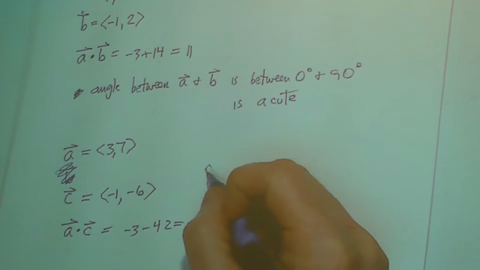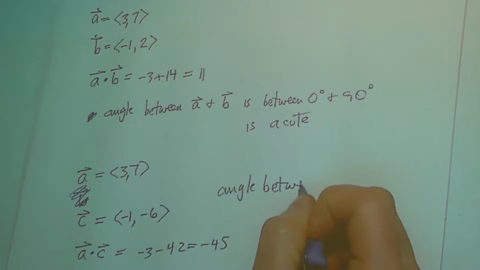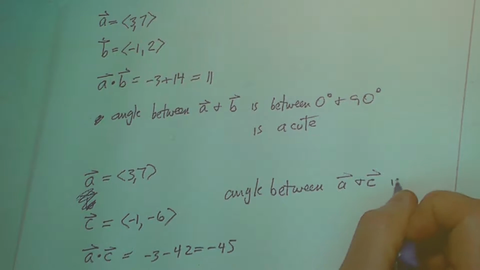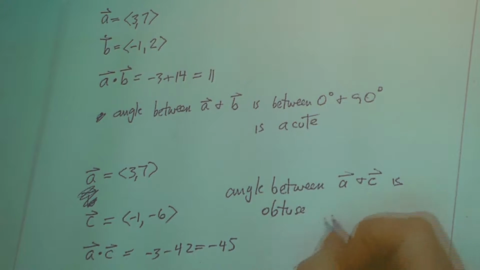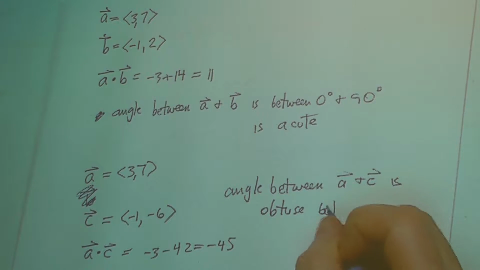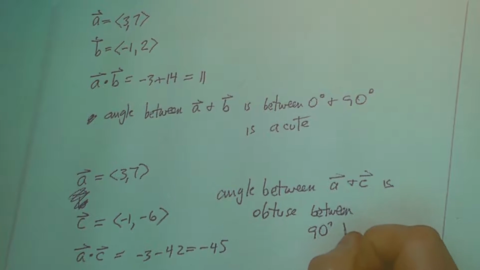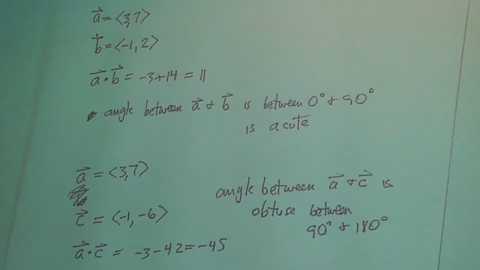And I would say that this angle between these two vectors is obtuse. So between 90 degrees and 180, not including endpoints here.